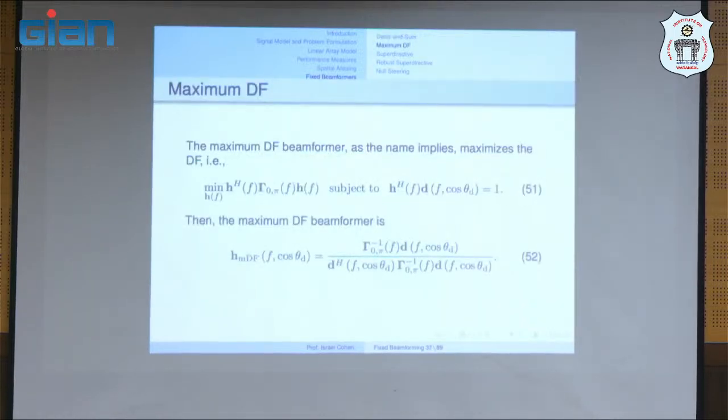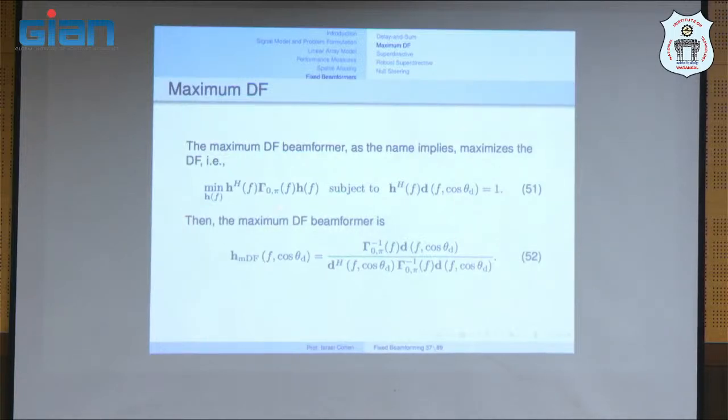Now, instead of the maximum white noise gain beamformer, we can try to find the maximum directivity factor beamformer. How do we get it? By maximizing the gain that we wrote here for diffuse noise.